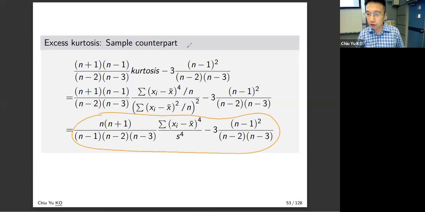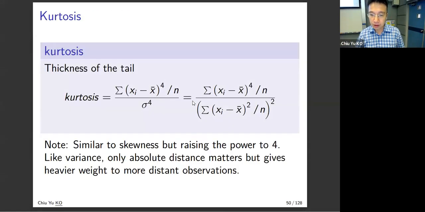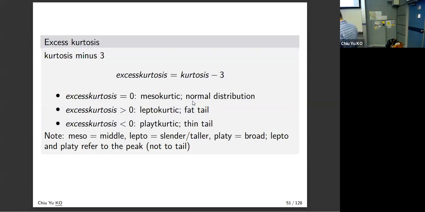So I want to mention why we need to have a minus 3 here. Let me define this one. We usually don't care about the kurtosis by itself. What we care about is called excess kurtosis. Why do we care about excess kurtosis instead of kurtosis? The reason is that we want to compare to the bell shape, the normal distribution.